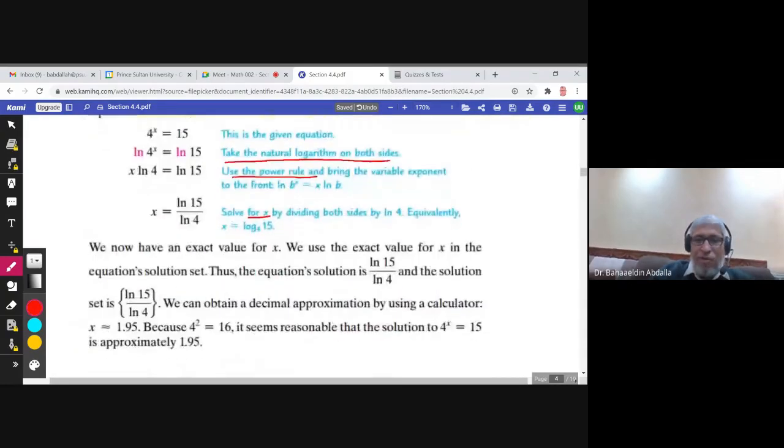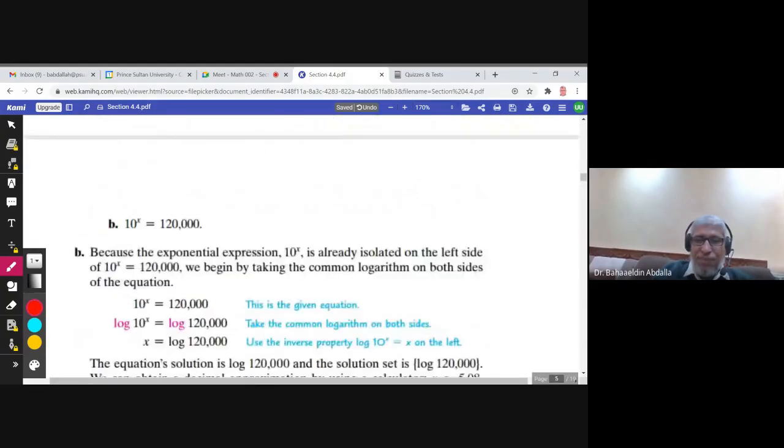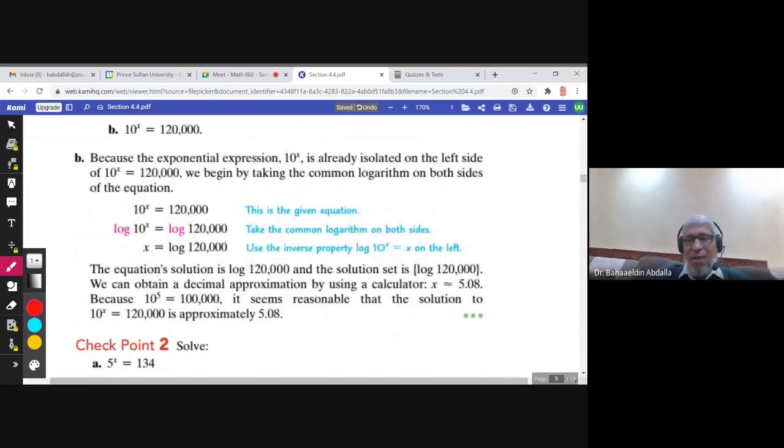Okay, let us solve another question. This one, for example: the base here is 10 and the exponential expression is already isolated. So I take log of both sides because the base is 10. Because log 10 to the power x, they cancel each other and I immediately get x.